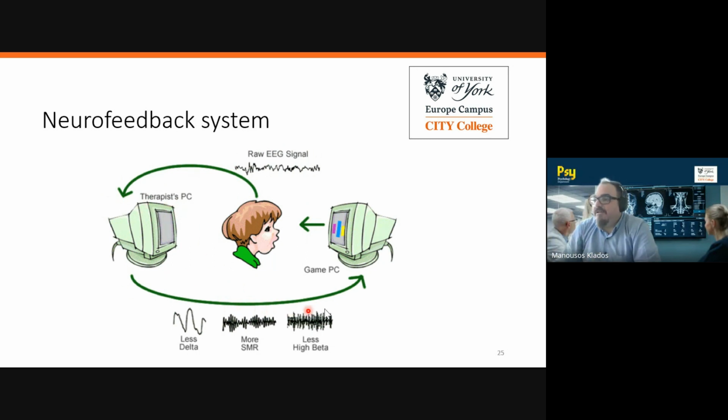All this is depicted in real time to the subject, so the subject realizes online how their brain waves look and how they are increasing or decreasing. So in a way, he or she tries to modulate and regulate them.